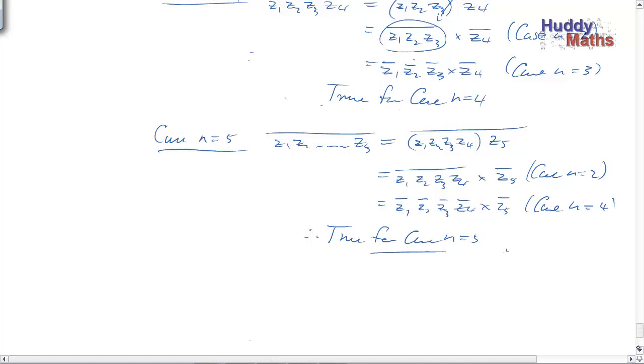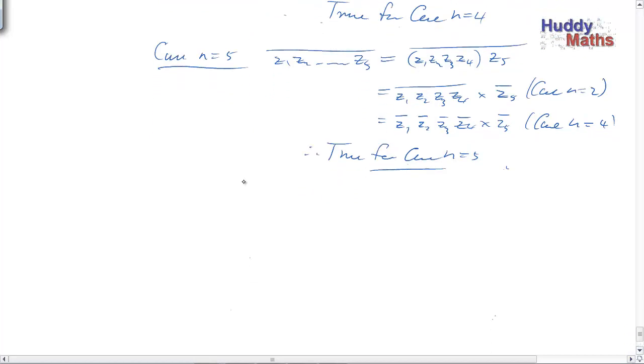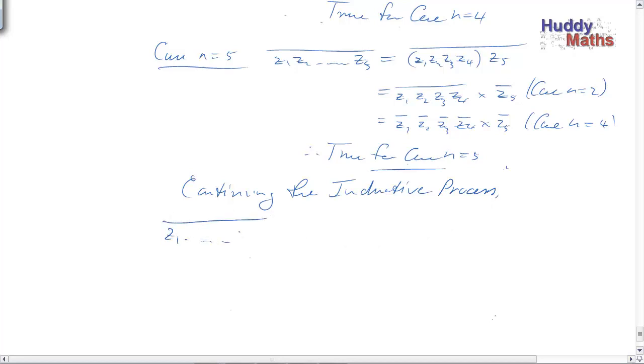Now we've established a pattern, and so we would say continuing the inductive process, because we've got that inductive step always the same. We would say the conjugate of Z1 up to Zn would equal Z1 up to the one before n, which is that, which we can split.